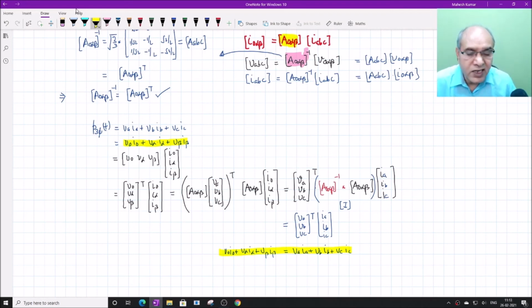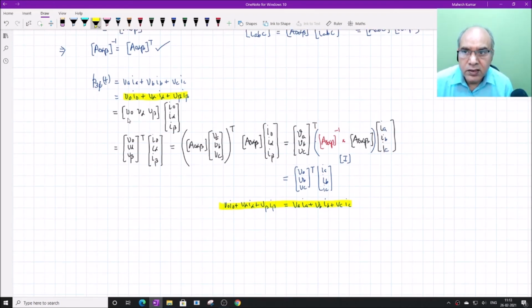In the next class we will learn that based on these products we define the term as P(t), which is called instantaneous power, simply the inner product of voltage and current vector. Already we have expressed it. So this is actually nothing but V0 I0 plus V alpha I alpha plus V beta into I beta.